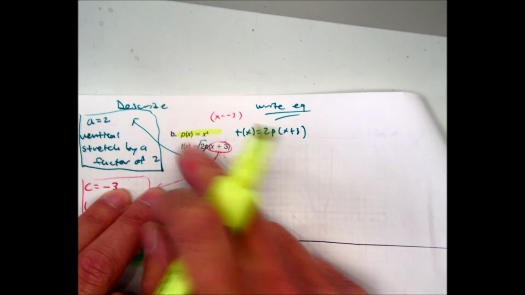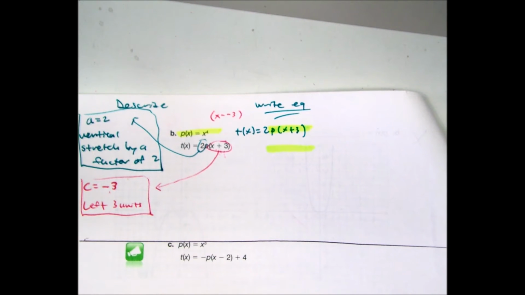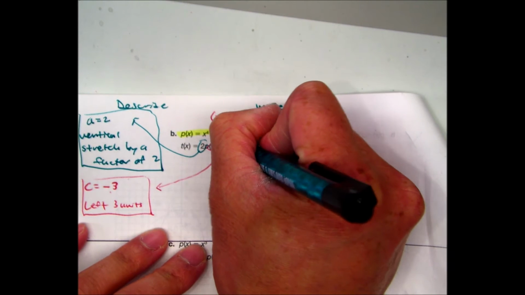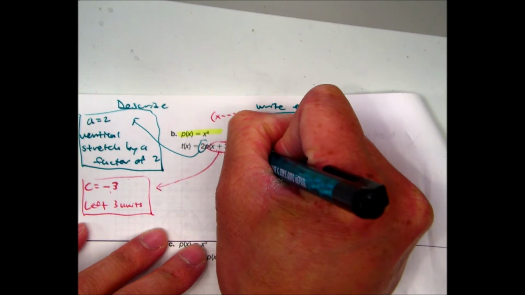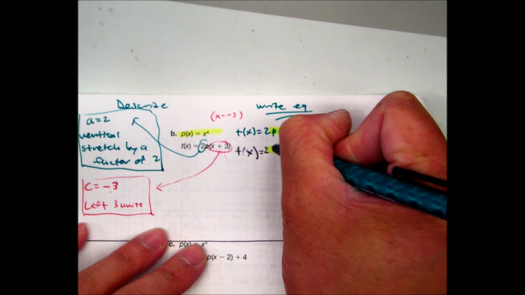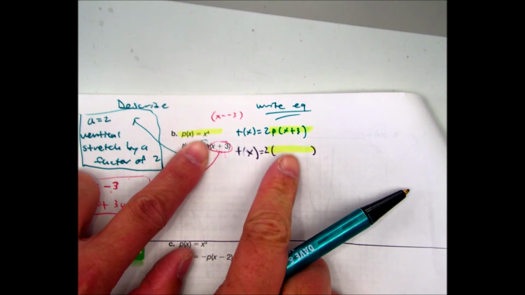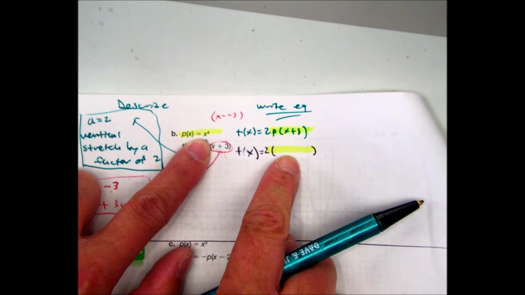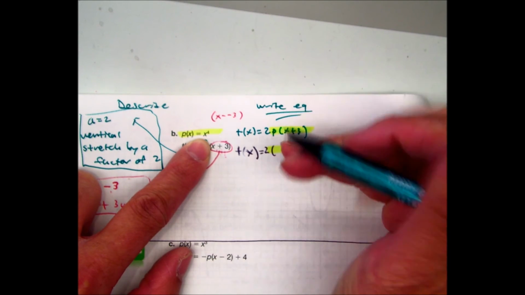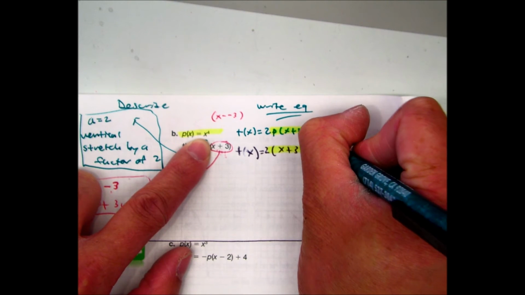So every time I see p of x, I can write it here. So I'm just going to copy all of this, t of x. Now this 2 comes down. But in the parentheses, I normally had written just the x. But here it's telling me, in p of x, write x plus 3 for every x value. And then I put that to the 4th power.